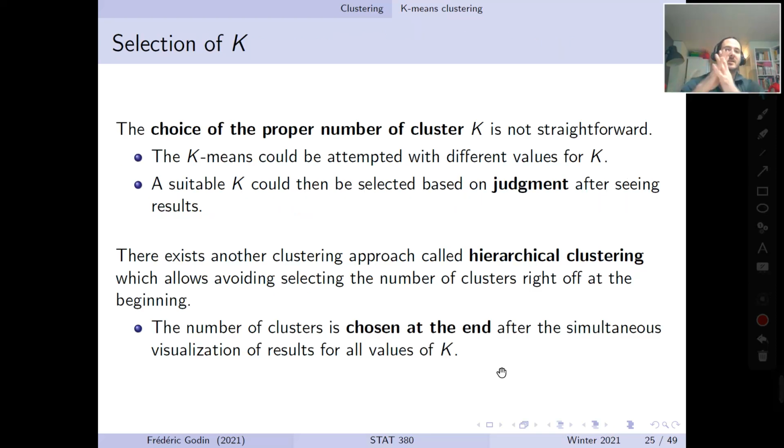Okay, so that's good. We discussed the k-means algorithm for a fixed value of capital K, the number of clusters. So in practice, relevant questions would be how do you choose capital K? How do you choose a proper number of clusters? Well, one approach is simply to use judgment.